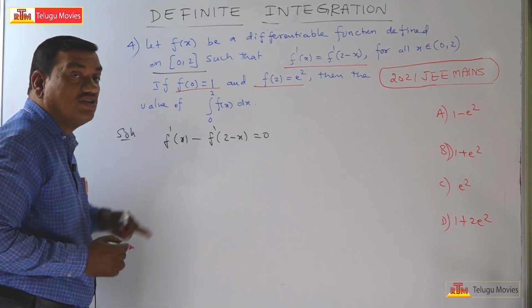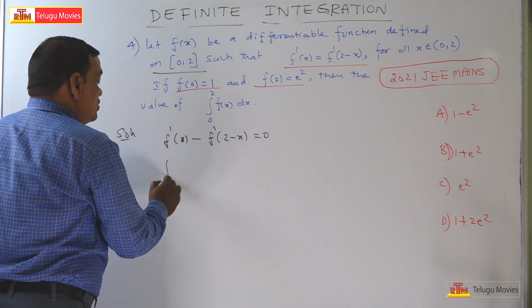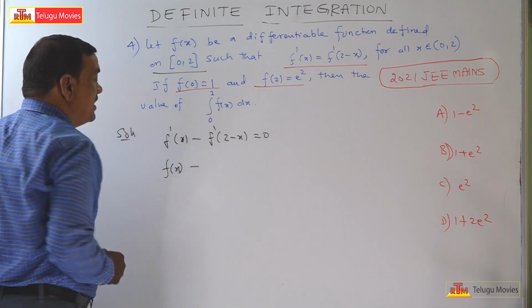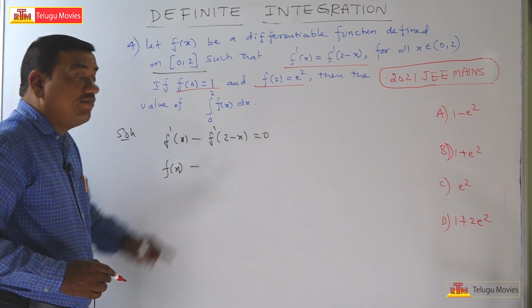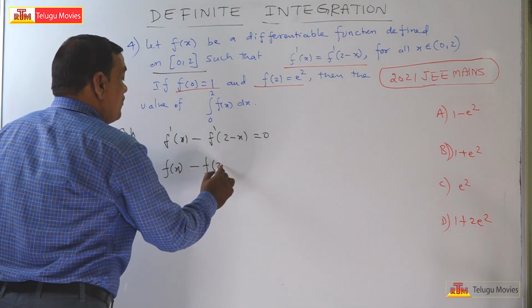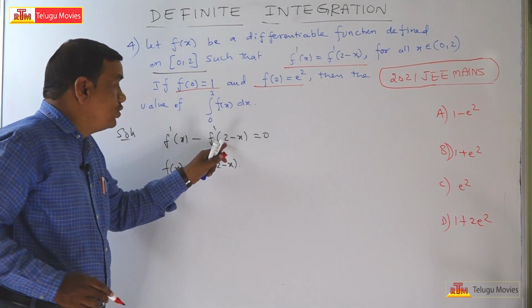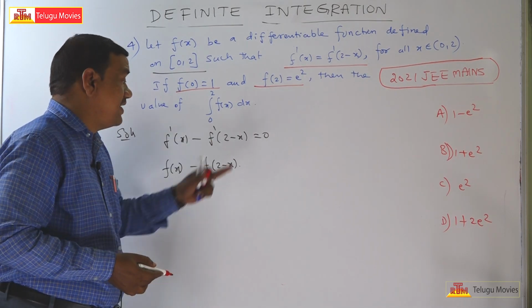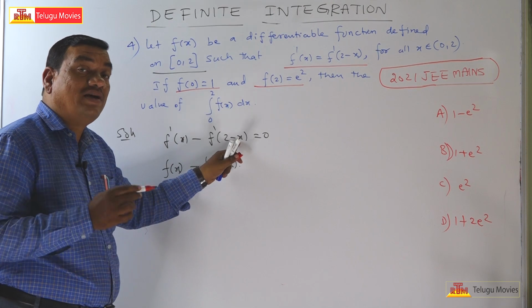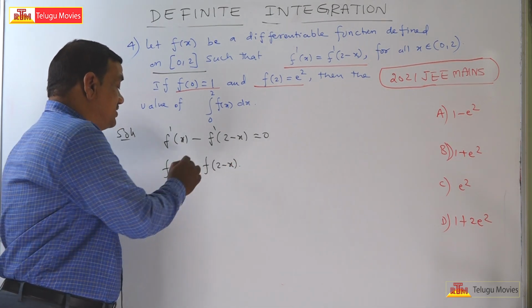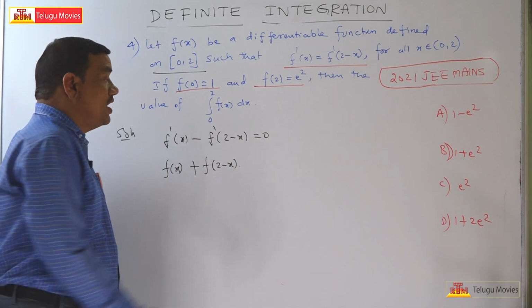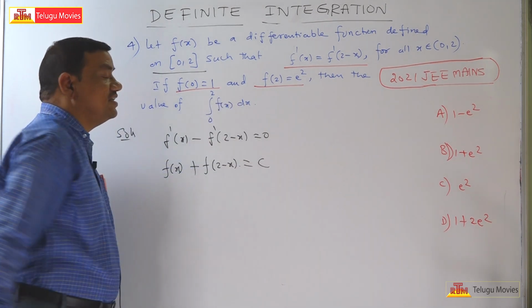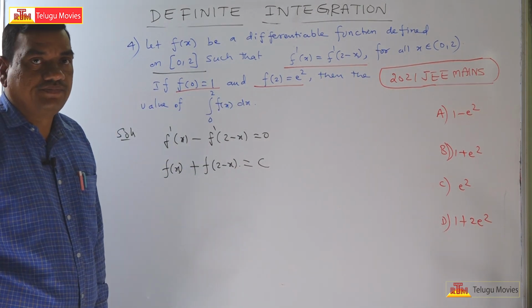This integration and differentiation will get cancelled. So, f of x minus f of 2 minus x, but the derivative of 2 minus x you have to write down, into minus 1. The 2 minus x derivative is how much? Minus 1. Already minus is there, so it is plus. It is equal to c, the constant of integration.